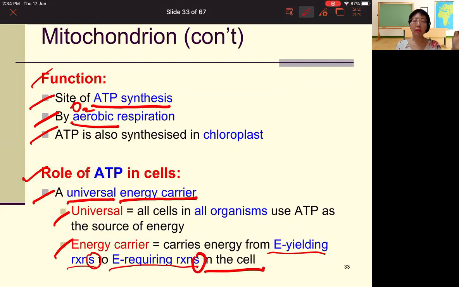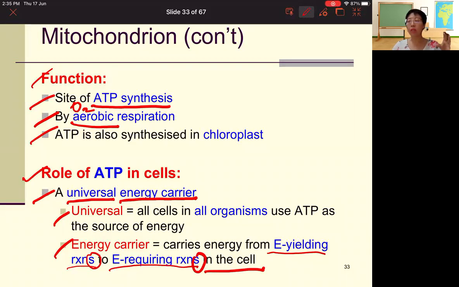So the cell carries out a lot of reactions. So the ATP will carry energy from those energy yielding reactions to those energy requiring reactions inside the cell. So it's like you taking your handphone, you go and charge your handphone at the plug point there. So that the plug point function is to release the electric current for you.